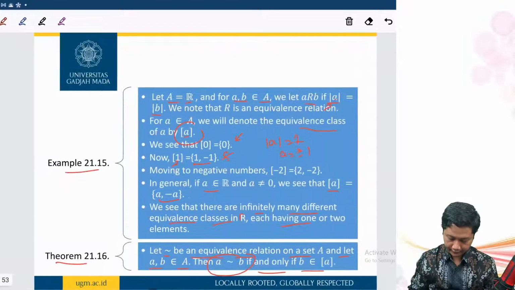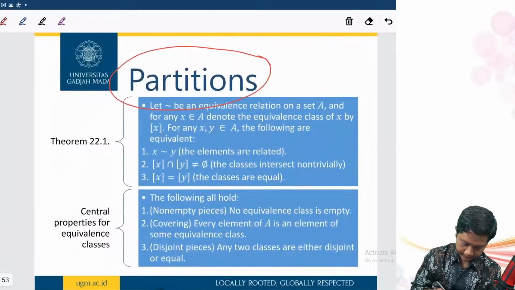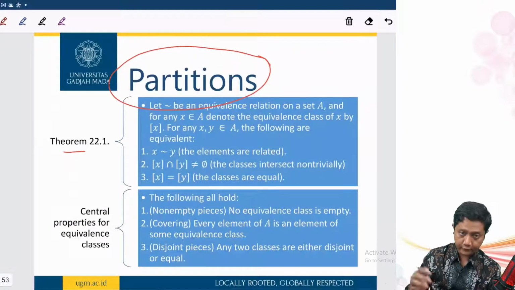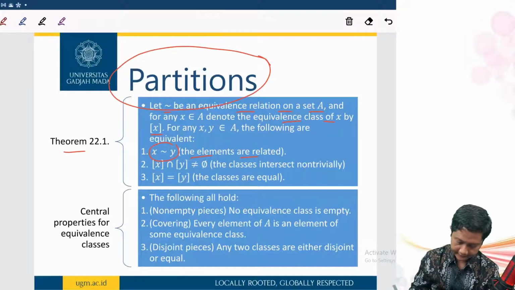So when we check again, when we have an equivalence relation on set A, we denote the equivalence class of X by this class. If X is related to Y, that means the elements are related.